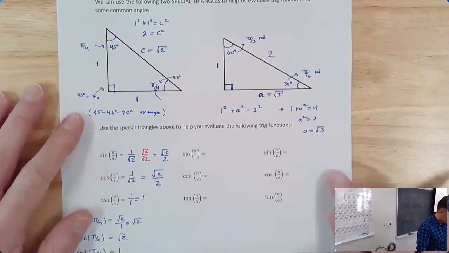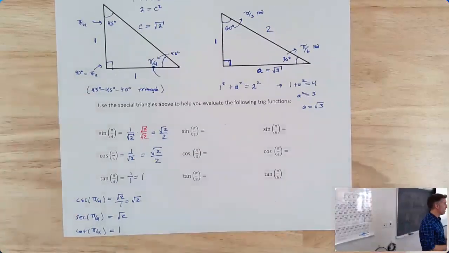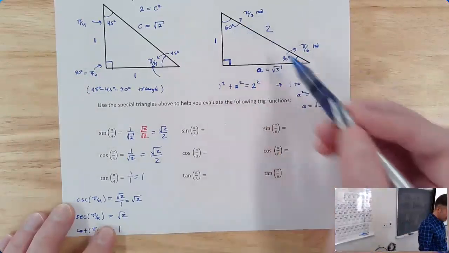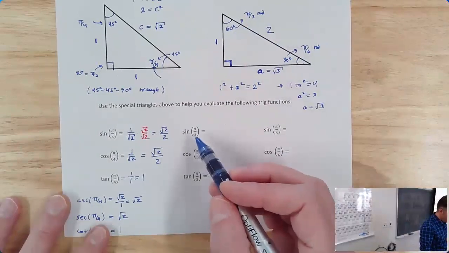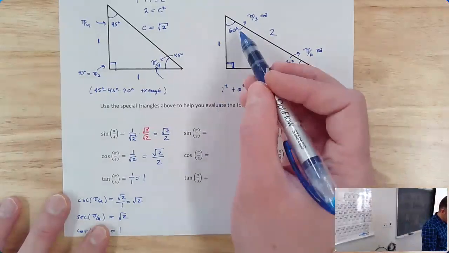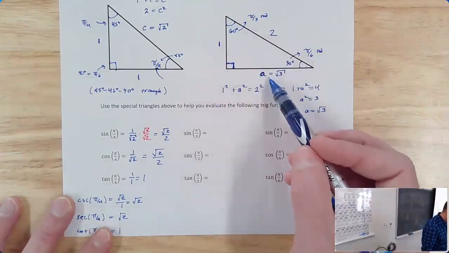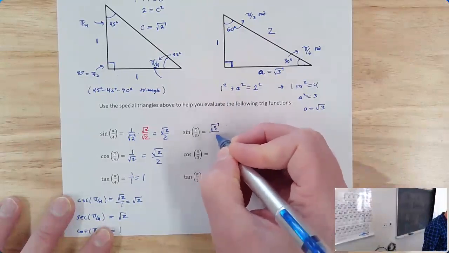And now we can use this triangle to find sine, cosine, and tangent of these other two special angles of pi over 3 radians or 60 degrees and of pi over 6 radians or 30 degrees. So looking at my triangle, sine of pi over 3 radians, I'm looking at that angle. I'm going to go opposite over hypotenuse. So sine of pi over 3 is going to be the square root of 3 divided by 2.